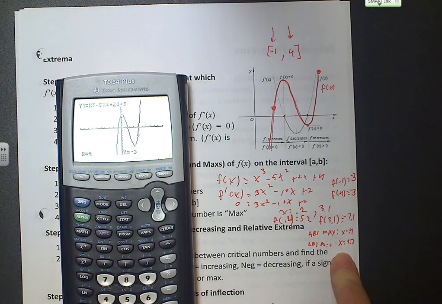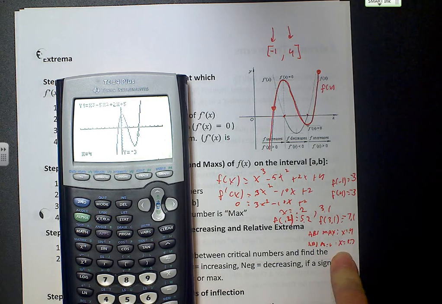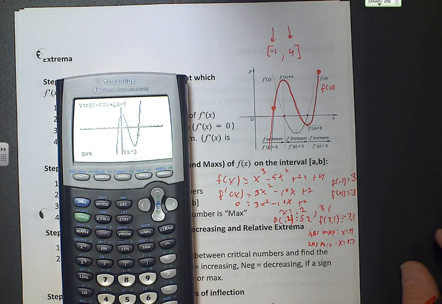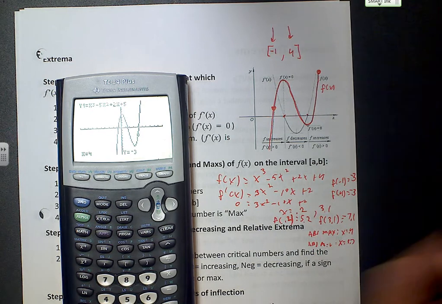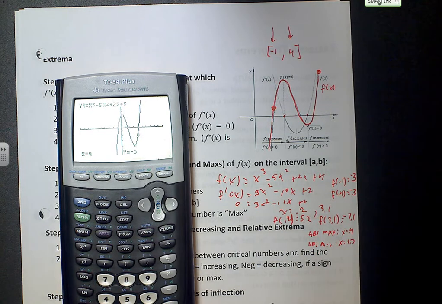Those are our absolute maxes and mins. How does that make sense so far? You guys okay with that? Yes. Derive. Find your critical points. Evaluate f at those critical points.